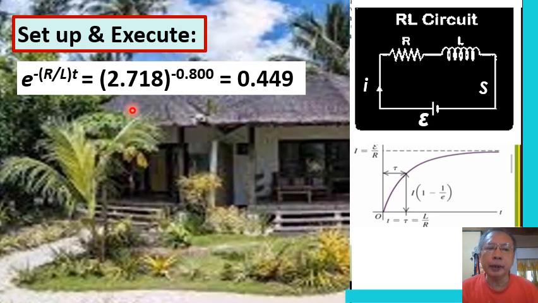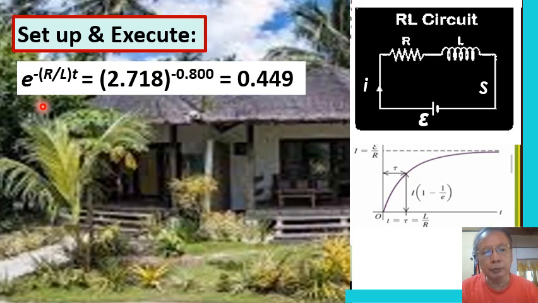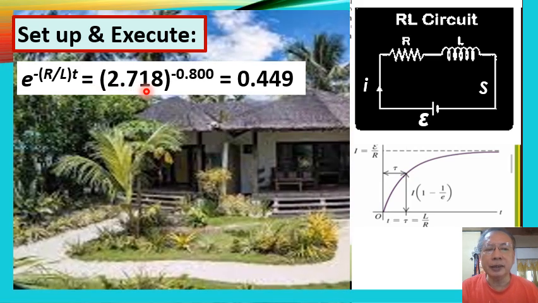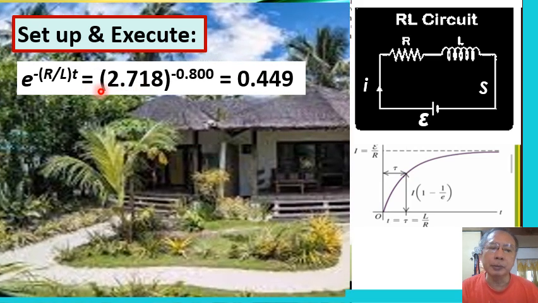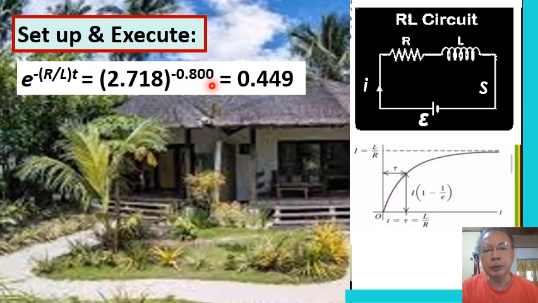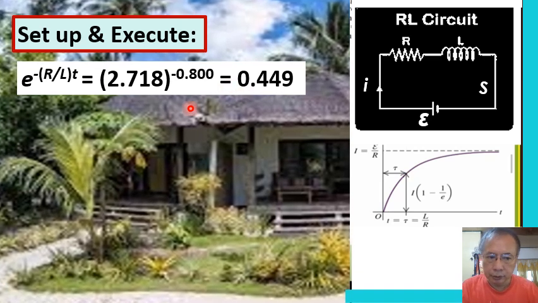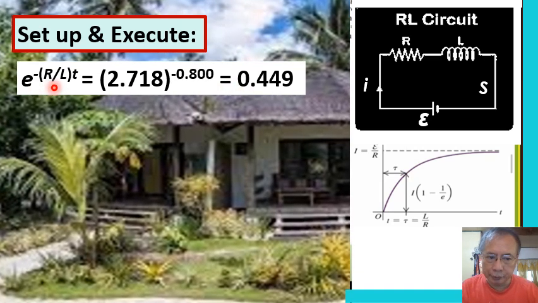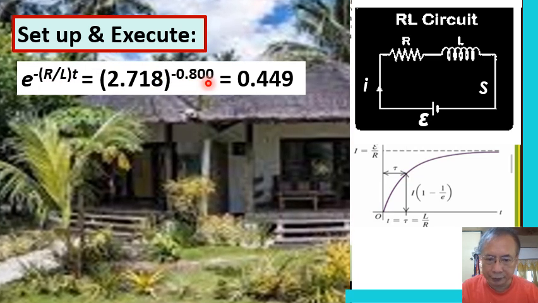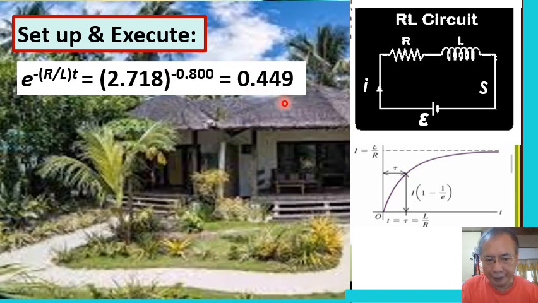Consequently, we can now find the value of the Euler's number, that is 2.718, raised to the power negative 0.800. So with the help of your calculator, Euler's number raised to negative 0.800 is just equal to 0.449.